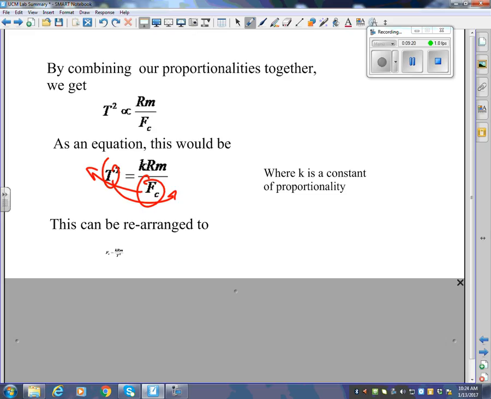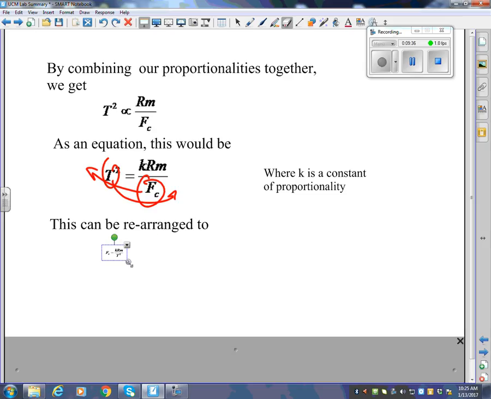All I'm doing is like going 10 is equal to 20 over x, and I'm switching to x equals 20 over 10. That's all I'm doing, just switching them. So I'm going to rearrange this to, what's it going to look like? Yep. Fc is equal to KRm all over T squared. We want a formula that tells us the centripetal force.